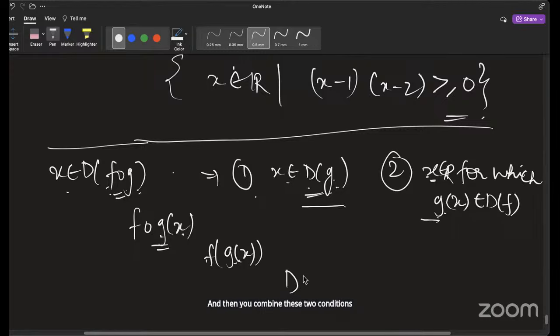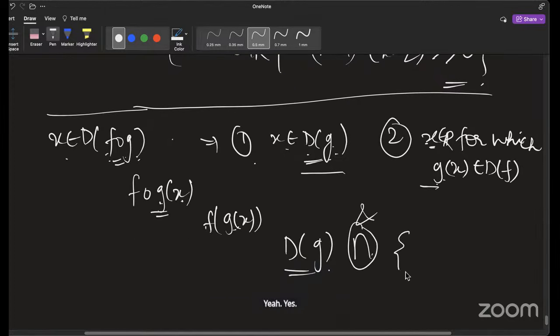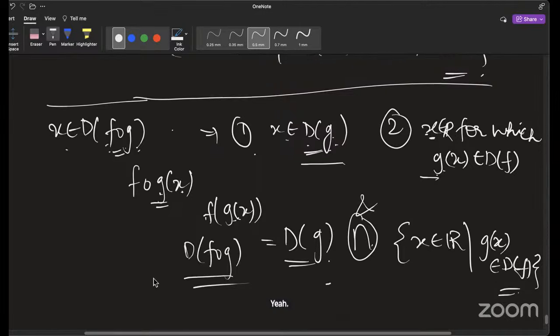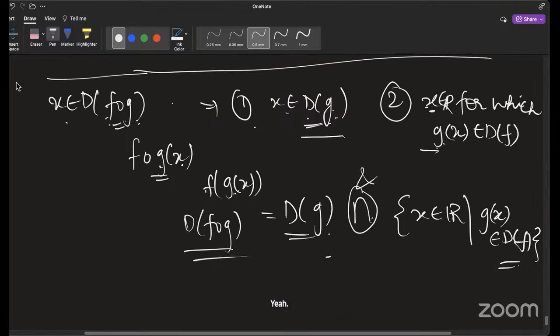First condition is x should be in domain of g, and second is that g(x) belongs to domain of f, and this represents 'and', right? This should be the domain of FOG. That's it. Okay, ma'am. Is it fine now? Yeah, ma'am. Thank you.